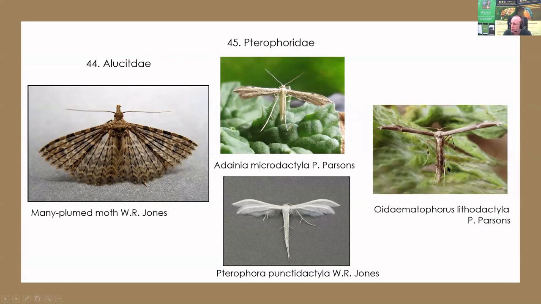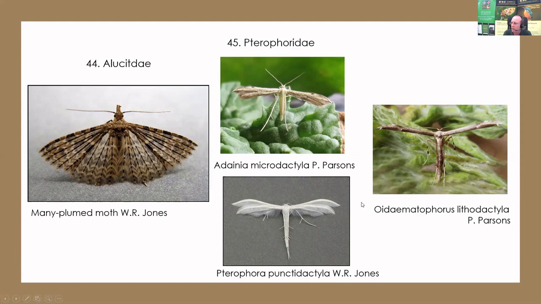The other plumes, there's about 24, 30 species of Pterophoridae, and in both cases, the wings are split up into distinct individual feathers.